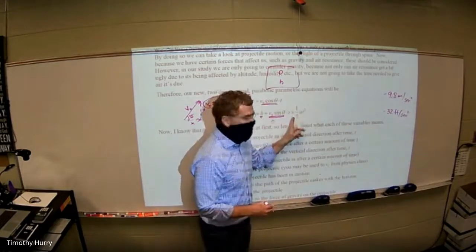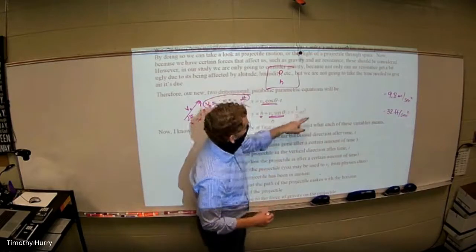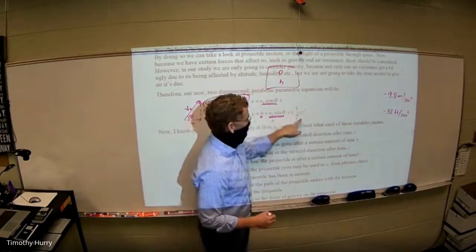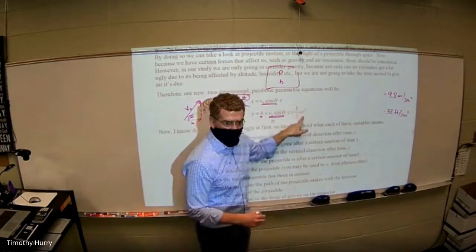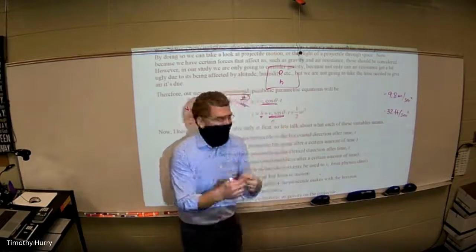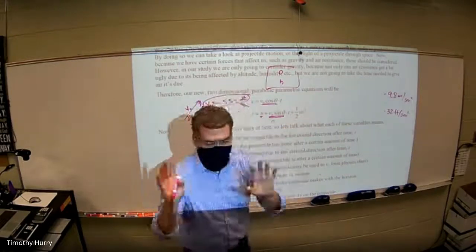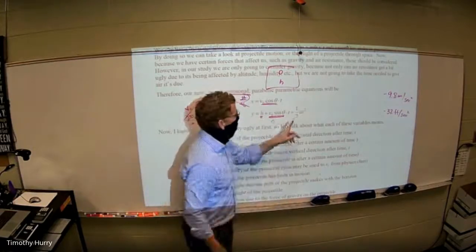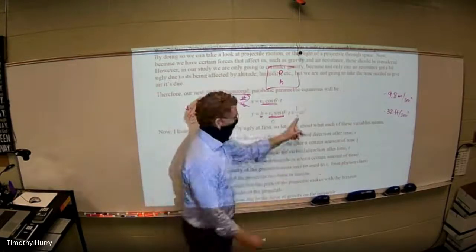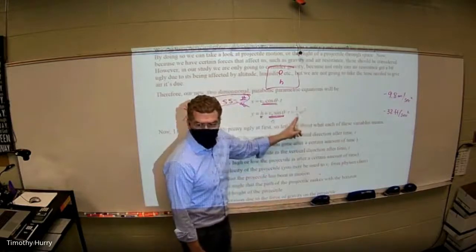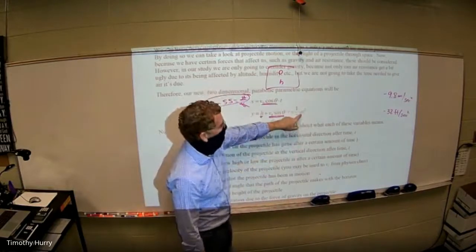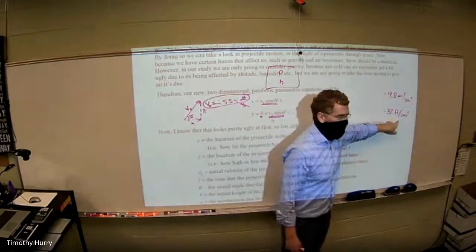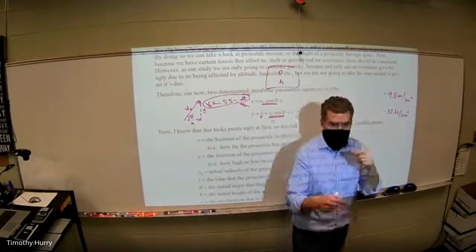You end up raising the power and then dividing by that power, and you get this unit. This represents the gravity, and there's no point in explaining it any more than that because it's calculus-based, but you'll see that when you take C physics. So right here, what this means is the acceleration due to gravity is negative 32 here on Earth, and all of our examples will be here on Earth.